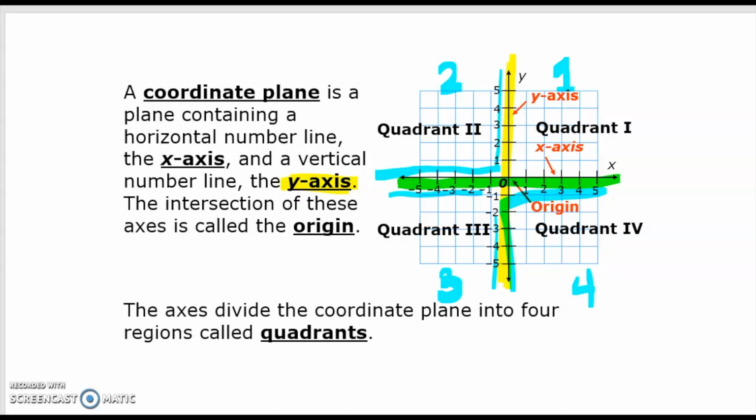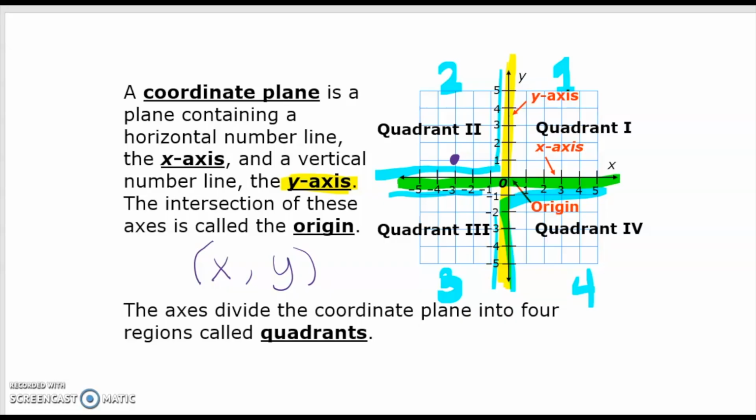So for example, if I was to make a dot right here, I can give that dot a specific name using an ordered pair. And we list those ordered pairs according to their x value, where they fall compared to the x-axis, and compared to their y value, where they fall compared to the y. So we always start with x, then y, alphabetical order.